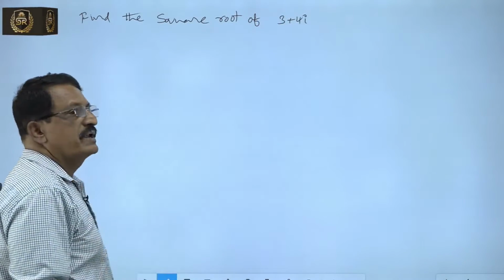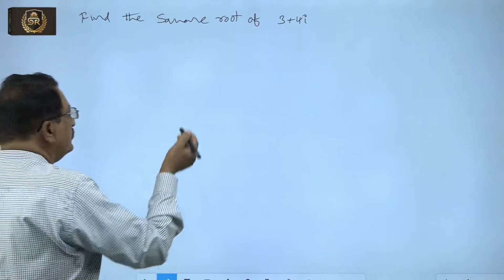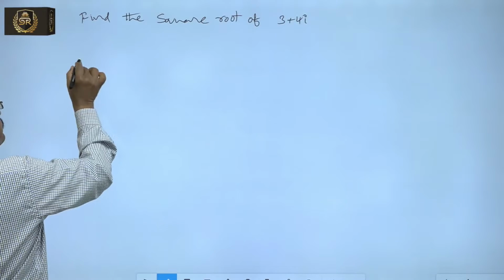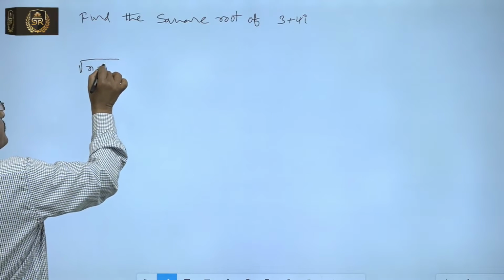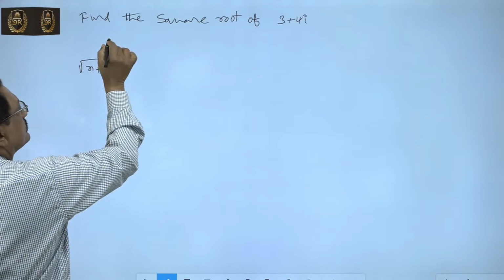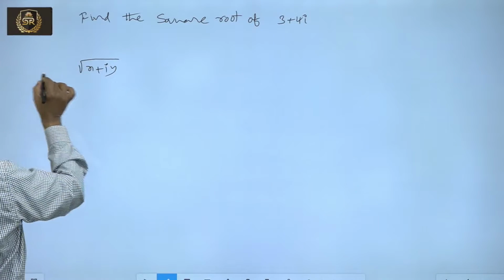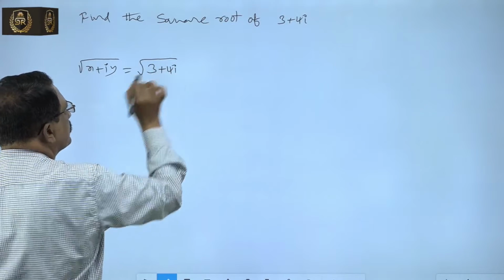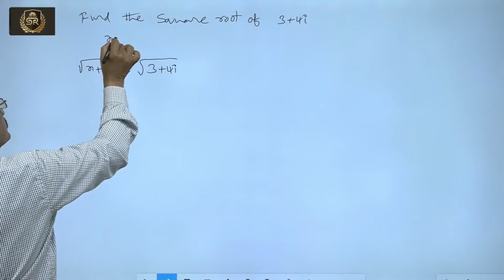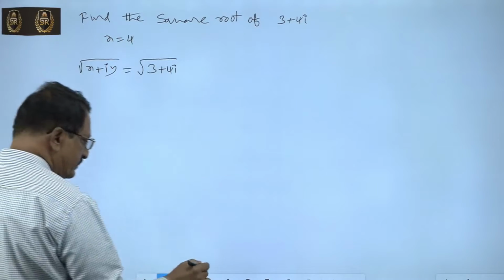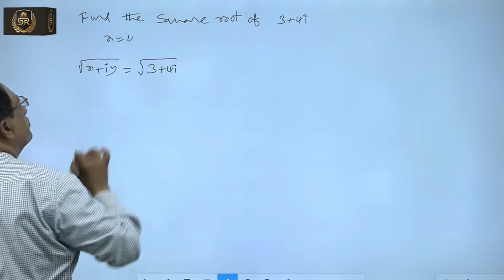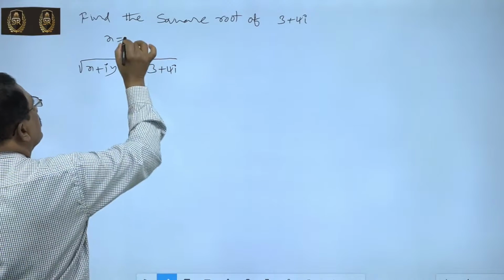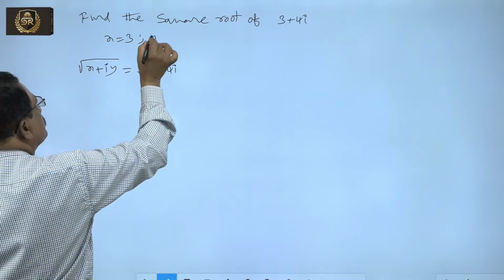Here we require the square root of x plus iy, where x equals 3 and y equals 4.